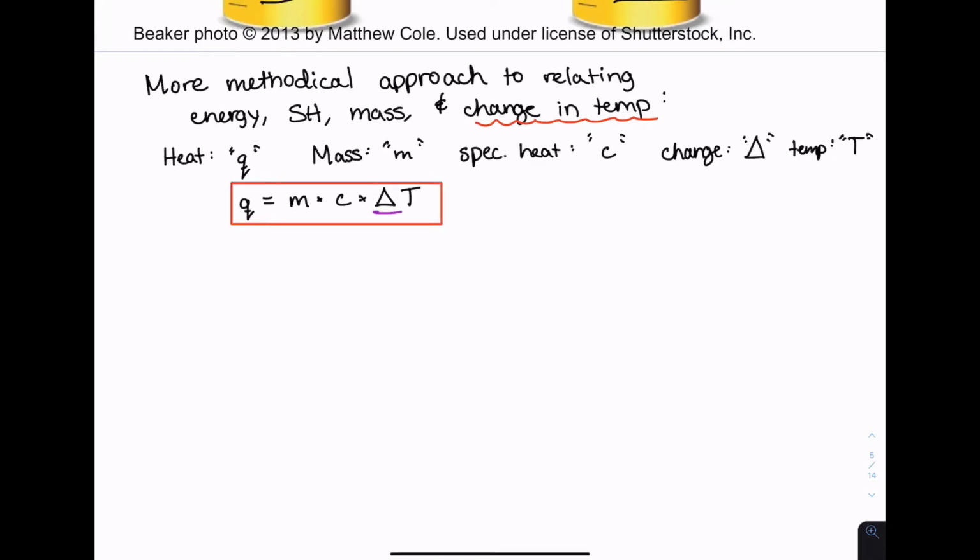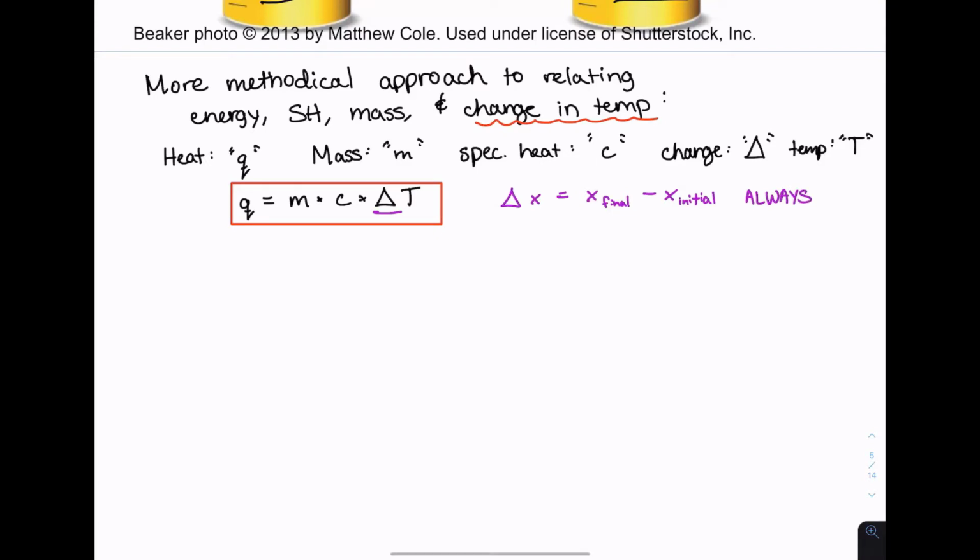Delta specifically is always, so let's see, if I was talking about delta X, for example, I would always be taking the final value that's reached and subtracting from it the initial value that we started with.